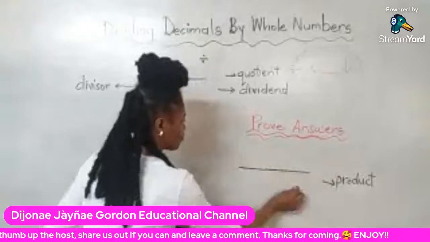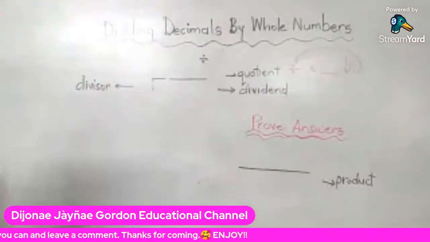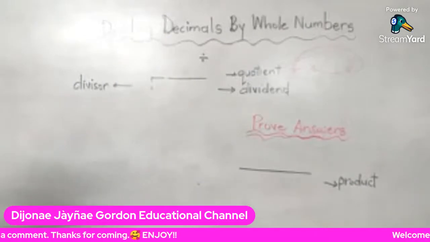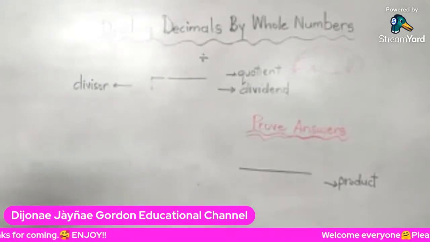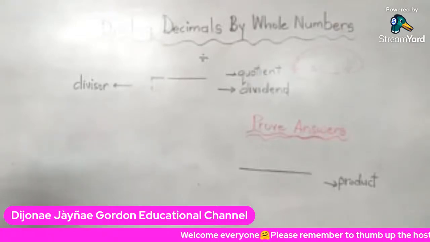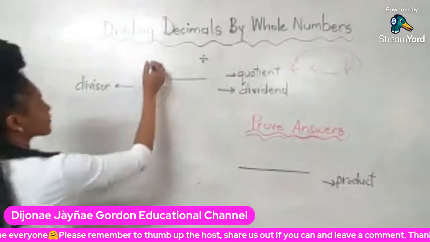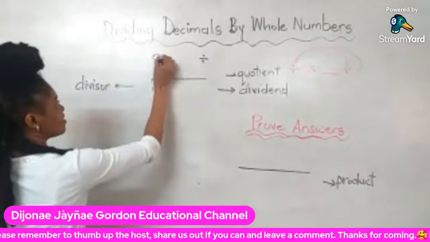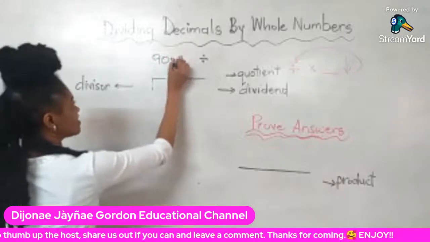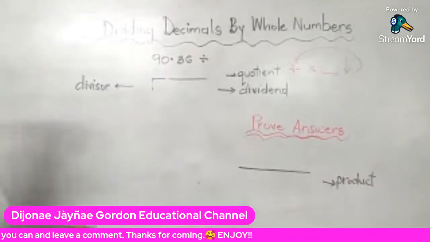All right, so we're going to take another problem quickly. The next problem we're going to take is this problem. We have 90.36, and of course what we're doing, we're dividing by 6.